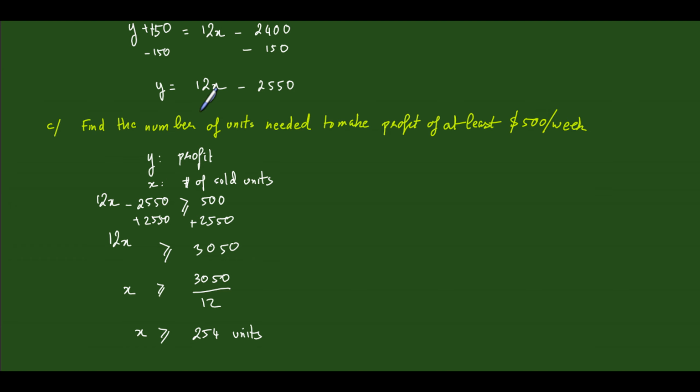We learn how to convert point slope form to slope intercept form. And we apply inequality a little bit here. It depends on the question. If I want to include inequality, then I can give you a question like this.